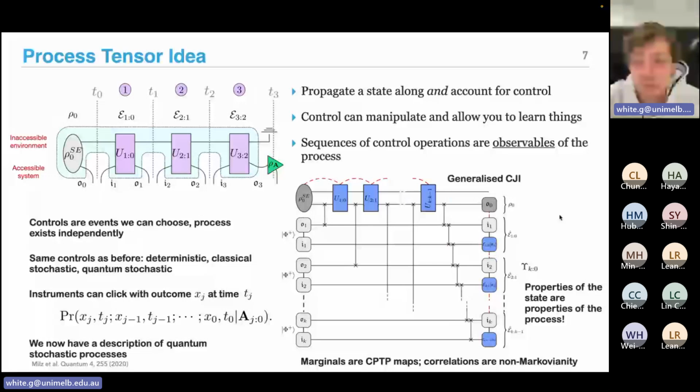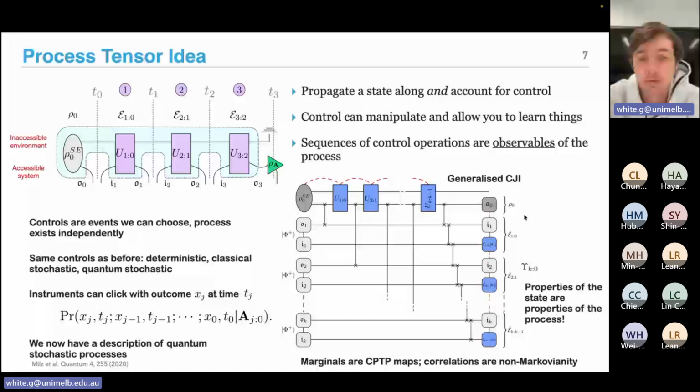So what that means is that we can identify subsystems of this state with indices given here. So for example, we can identify this first subsystem, this O0, as being the subsystem associated with the average state of the system at time t0, for example. Now, what's useful about this is that it allows us to map temporal correlations onto spatial correlations.